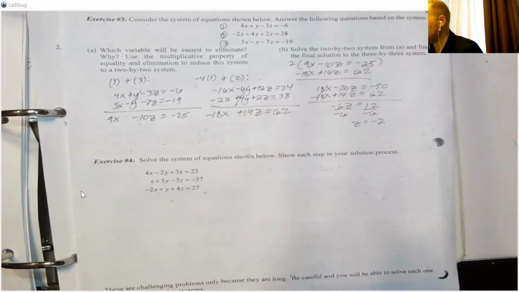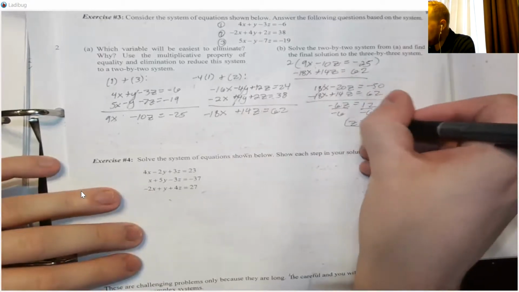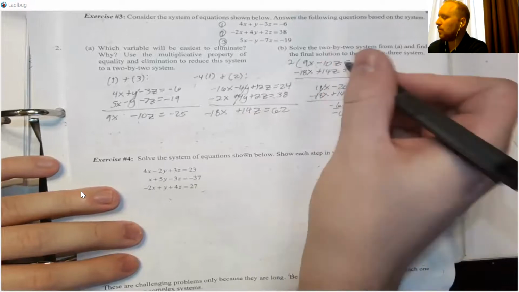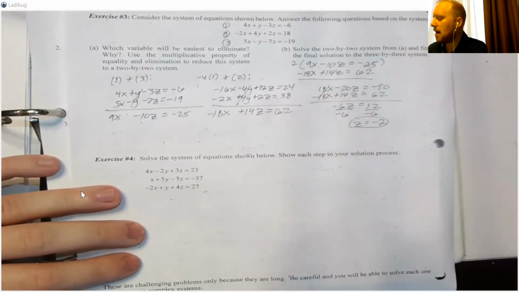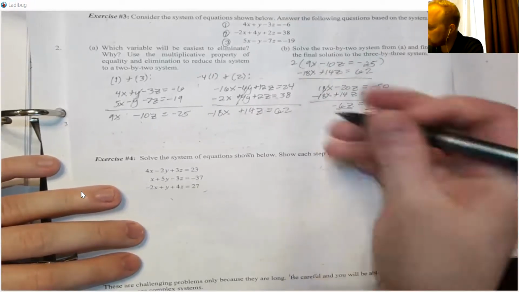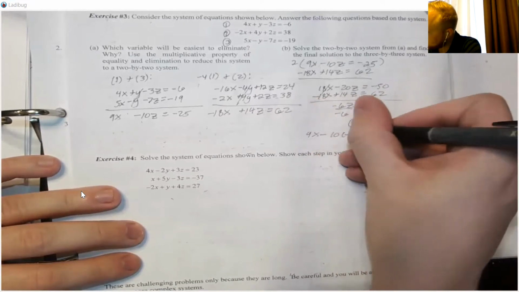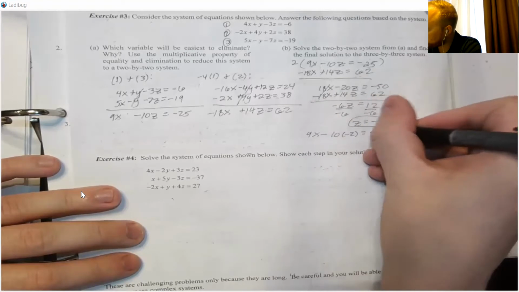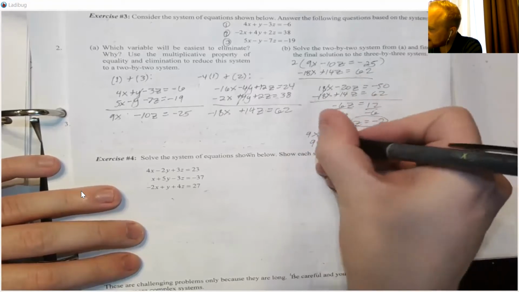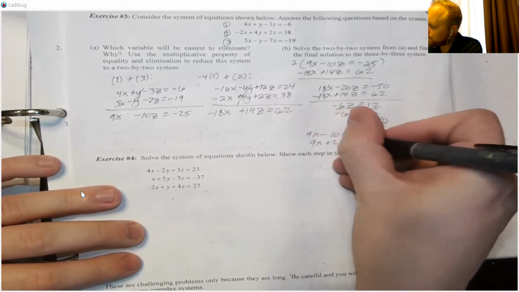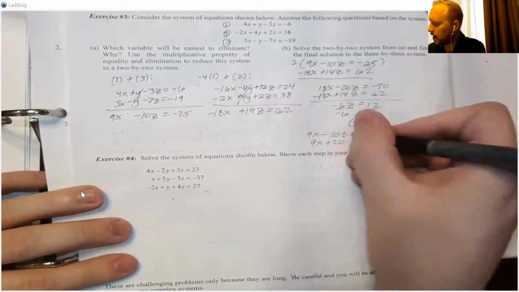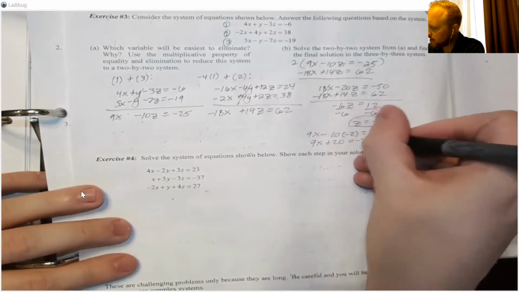Z is -2. I'm going to take that and plug it back into one of these equations. I'm going to plug it back into this first one. So I have 9x minus 10 times -2 is equal to -25. That's 9x plus 20, because -10 times -2 is positive 20, equals -25.